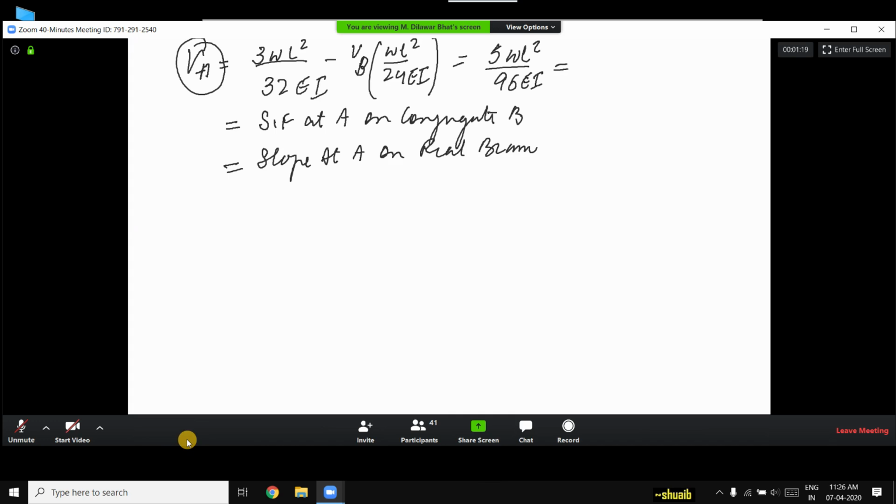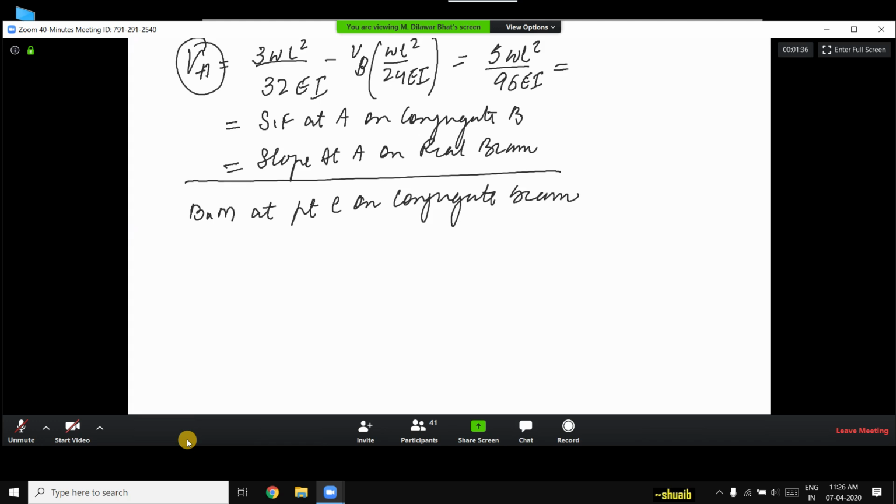Now you are done with the slope at A and slope at B. Now you want the bending moment at point C on the conjugate beam. Right?